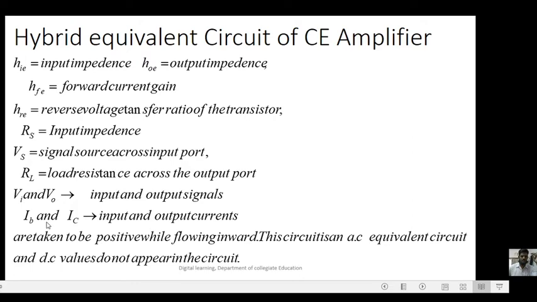Here IB and IC are the input and output currents. IB is the input current, IC is the output current.